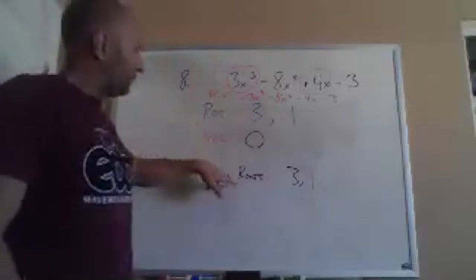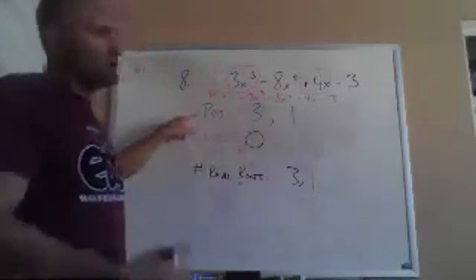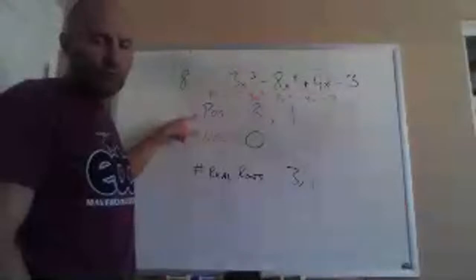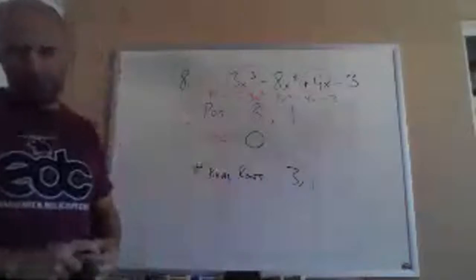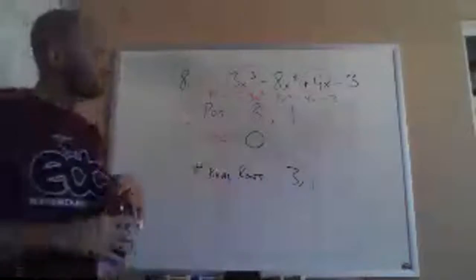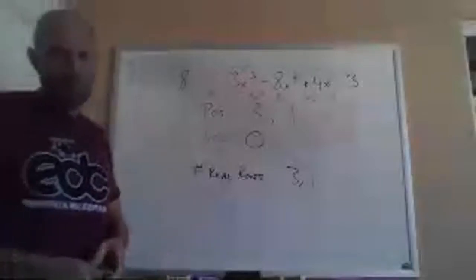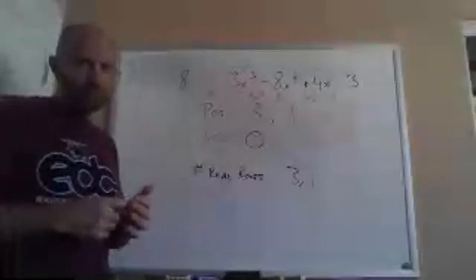So it's how many real roots? 3 or 1 of them, and we know that they would all be positive roots. Does that make sense? Are there questions on that one? Okay.